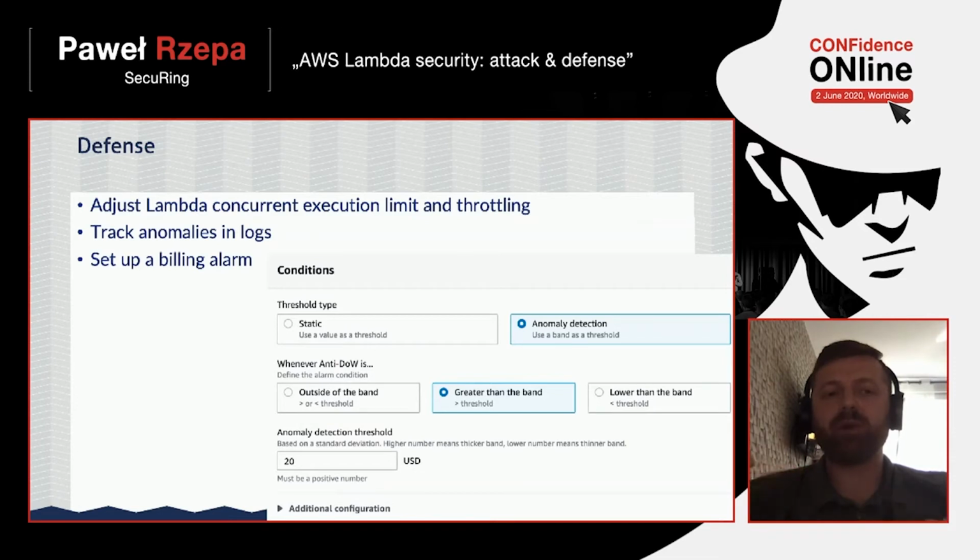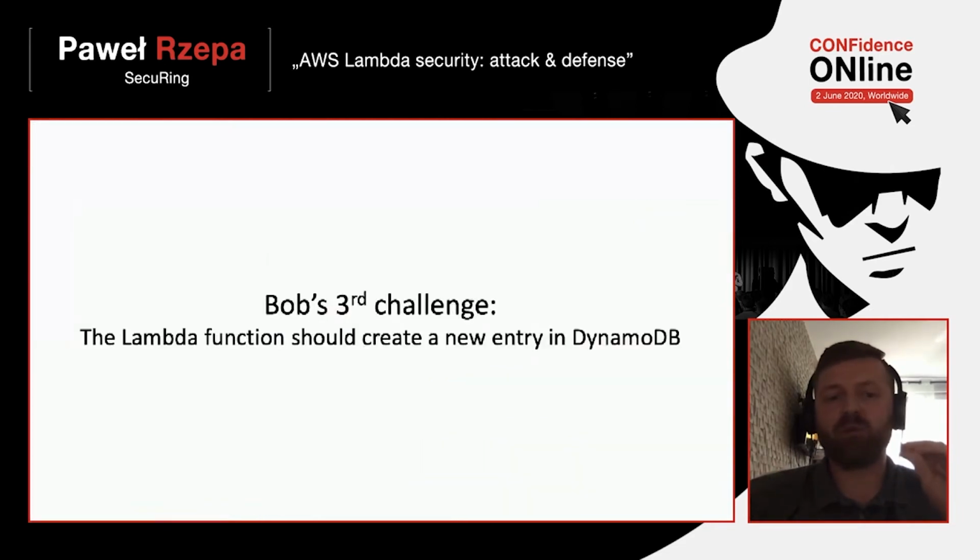So if your Lambda is billed, for example, like $100 per month, and then you are charged like $150 after 1 day, then something bad is happening. So this billing alarm will notify you about this abnormality.